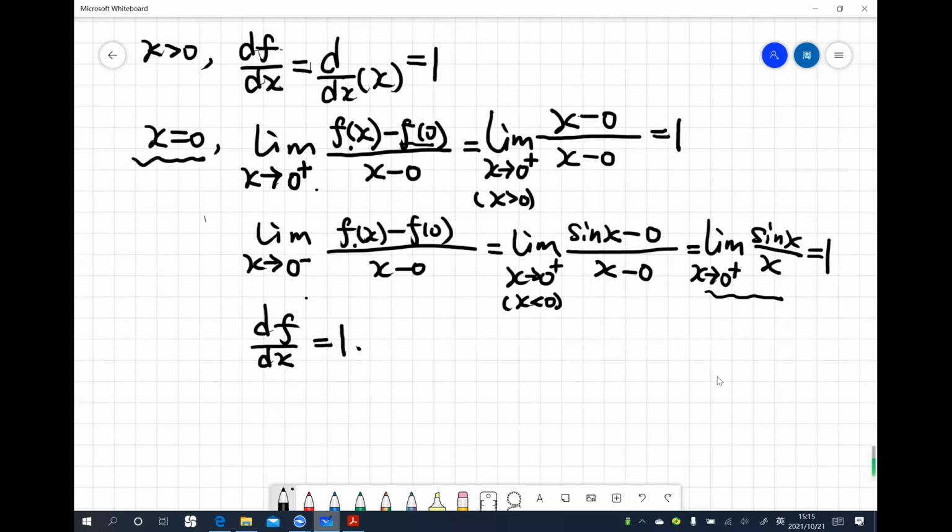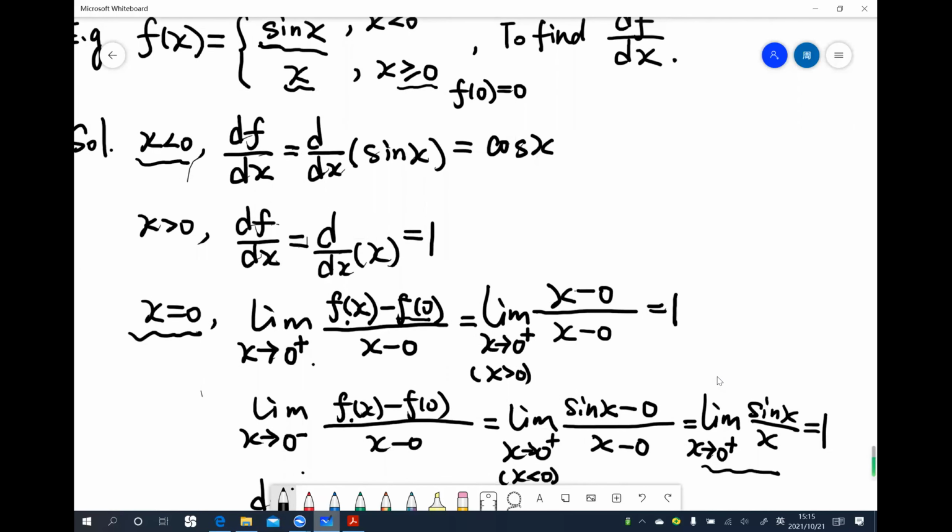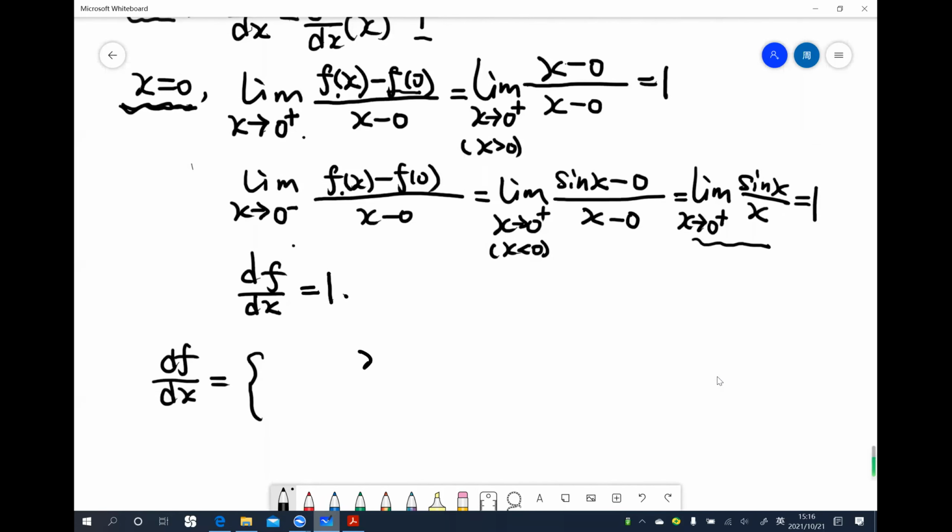So we know now df by dx equals cosine x if x is smaller than 0, and 1 if x is larger than or equal to 0, right?